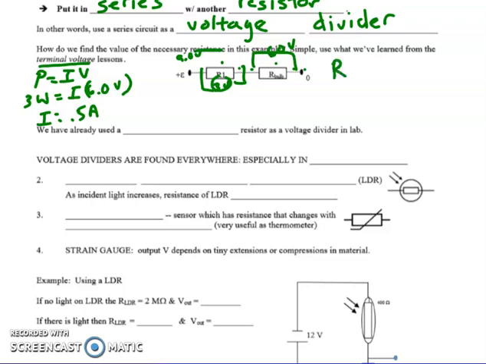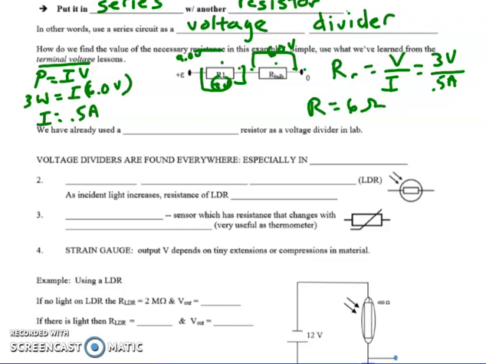So I can say the resistance of the resistor, little r, is going to be equal to the voltage that I want across it divided by the current. Well, I want 3 volts, which I figured out from KVL. I know it has to draw 1/2 an amp, so that tells me that the R that I want to put in there is 6 ohms.